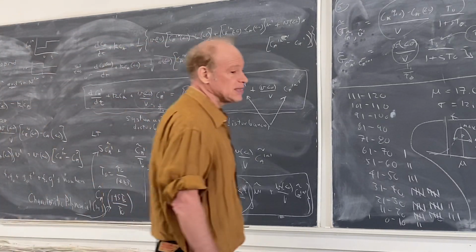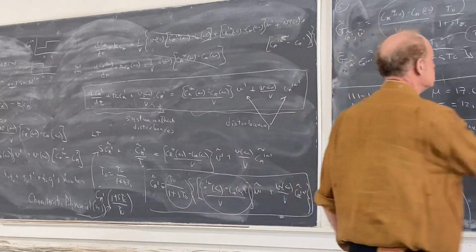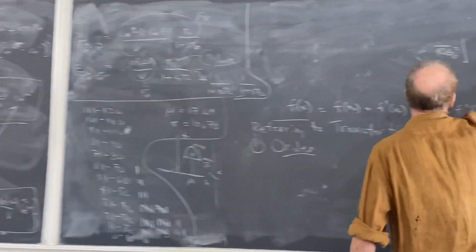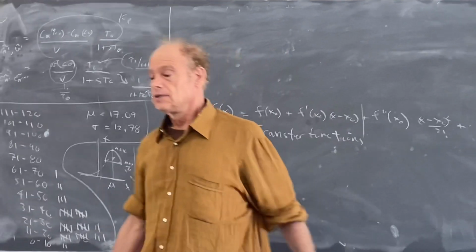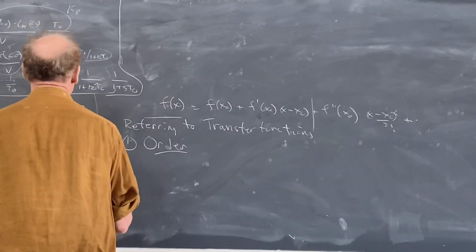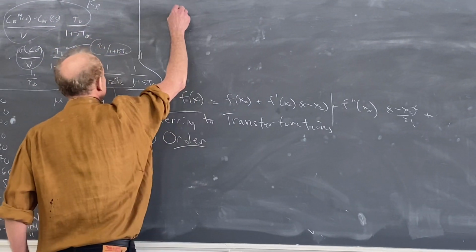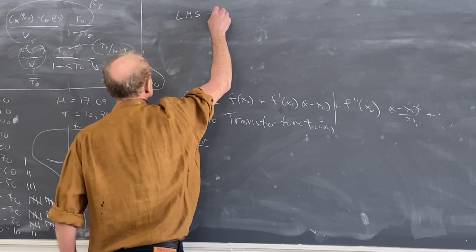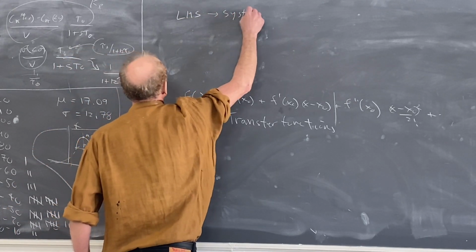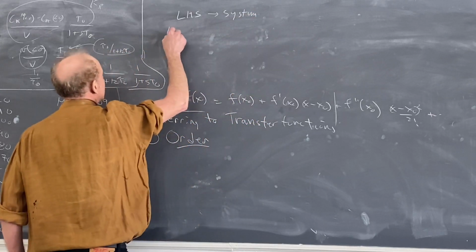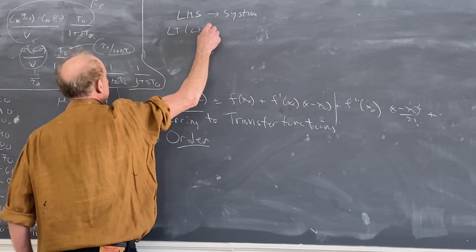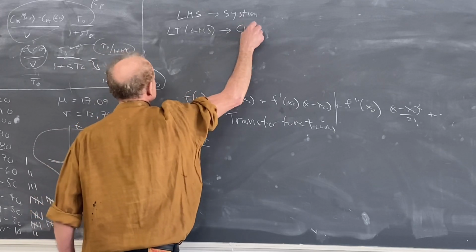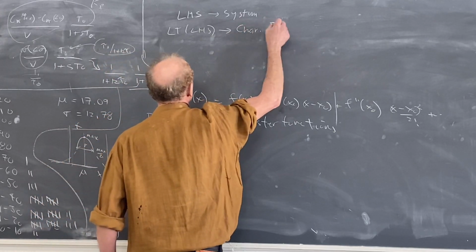So maybe I should write that out. So here's the logic. When we do a problem, the left-hand side is the system. The Laplace transform of the left-hand side gives me the characteristic polynomial.